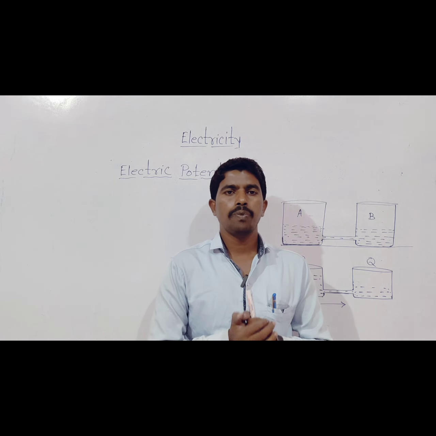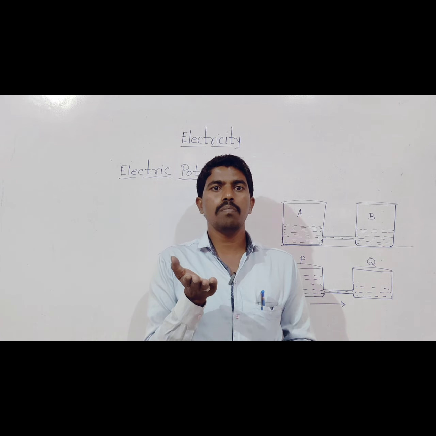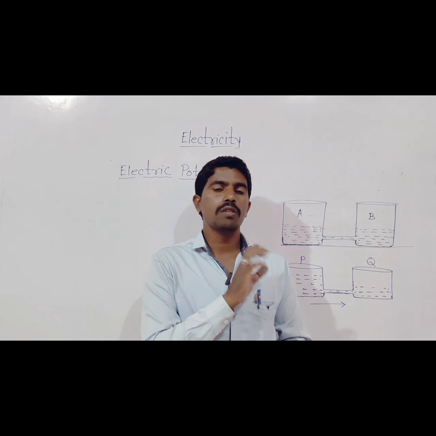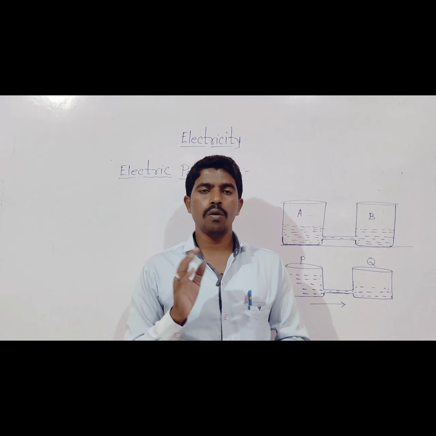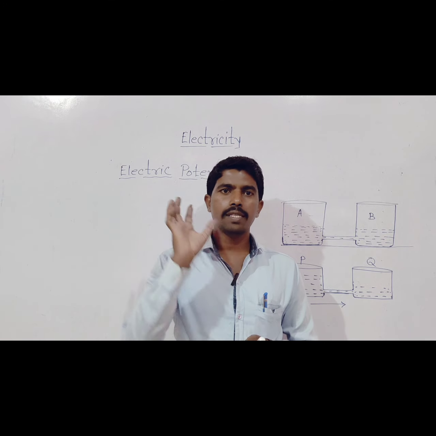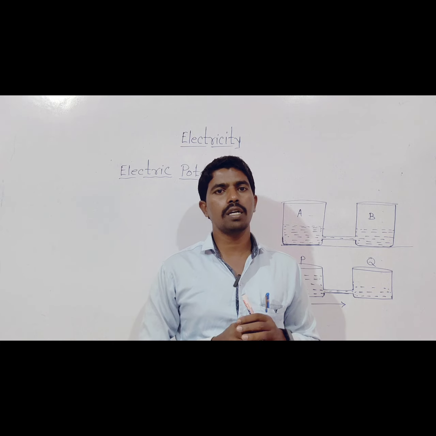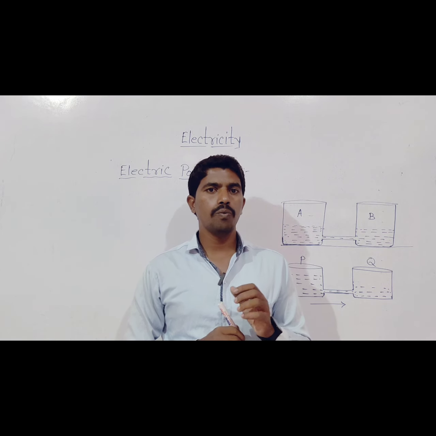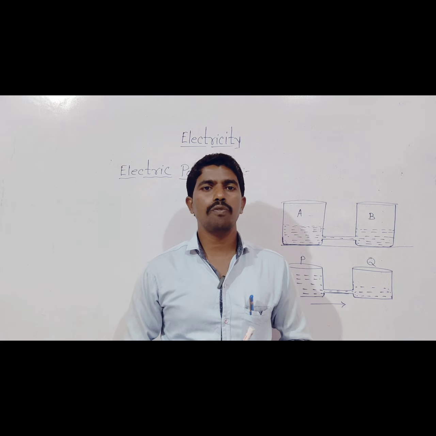But if we make a difference between the levels of these two containers, then water flows from one container to the next container, keeping the same water content in both containers. But we have to apply force to make it flow.